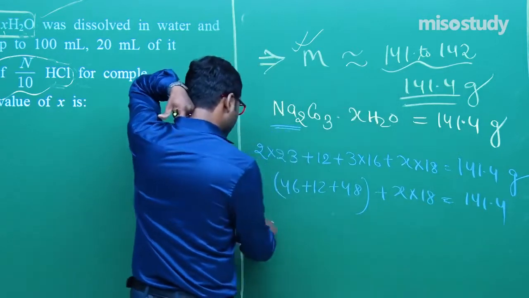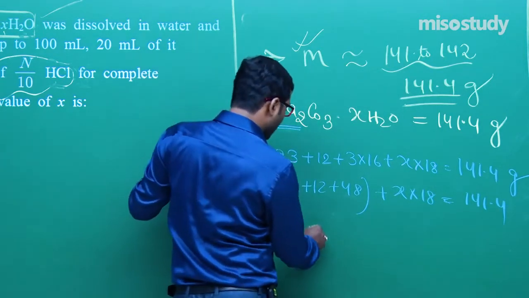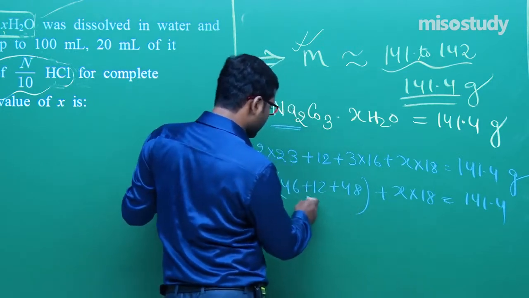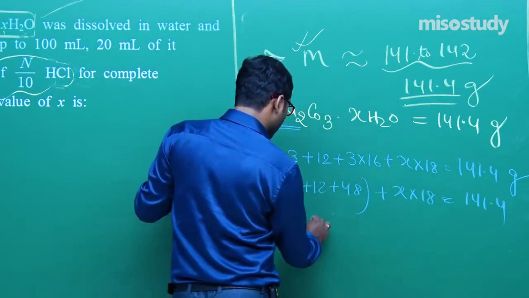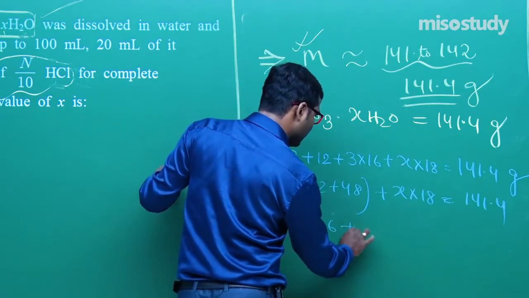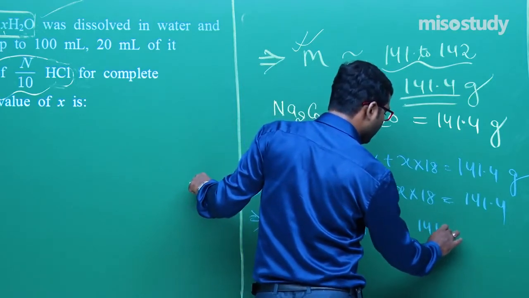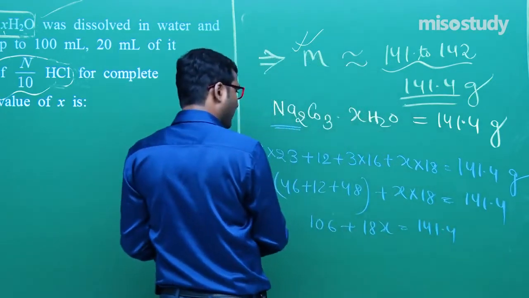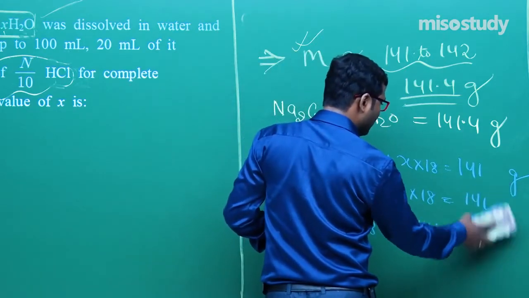So 106 plus 18x is equal to 141.4, or simply you can write 141. I am taking the value only as 141 so that you can easily solve such kind of question.